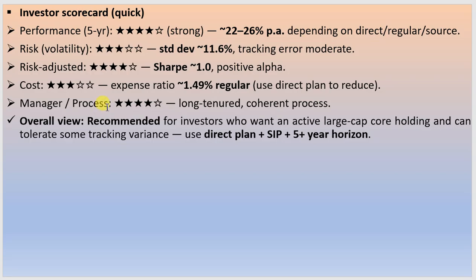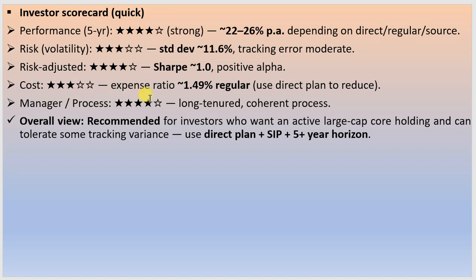Investor scorecard. Performance: 5-year strong, 20 to 26% per annum depending on direct or regular sources. Risk volatility: 3-star, standard deviation 11.6%, tracking error moderate. Risk-adjusted: 4-star, Sharpe 1.0, positive alpha.